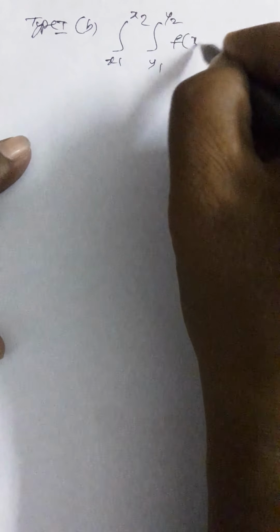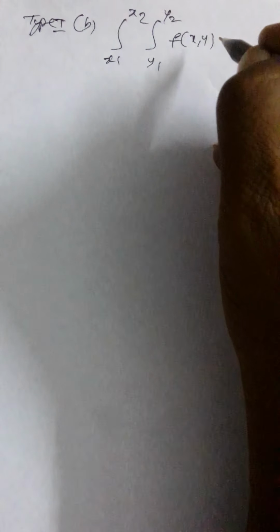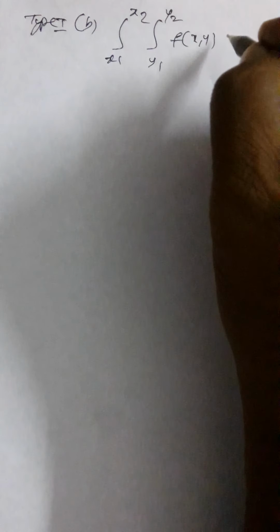Type 1B. Double integral x1 to x2, integral y1 to y2, f of xy dy dx.